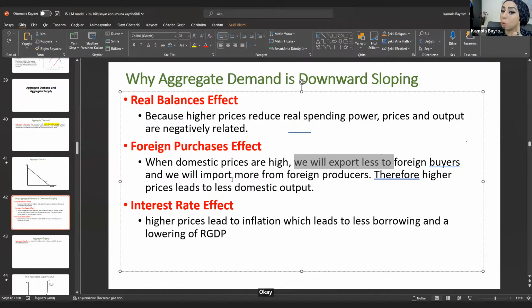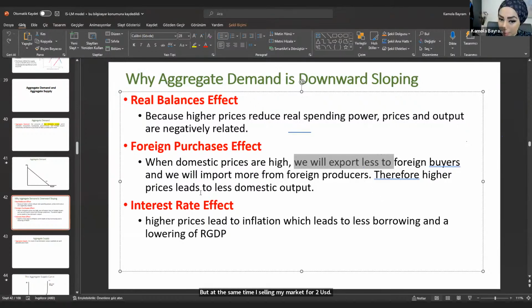And we will import more from foreign producers at the same time. Like if there is a producer, let's say in Cuba, who is also producing coffee, and I can get from them for $1, but at the same time I sell in my market for $2, then of course I will import from them, right?